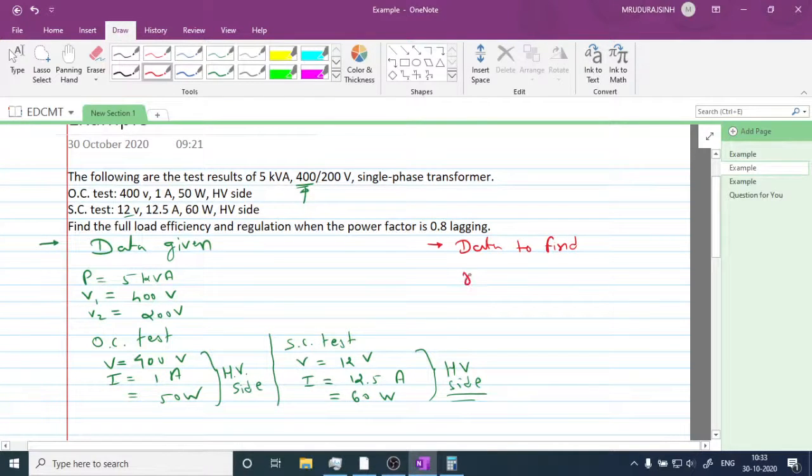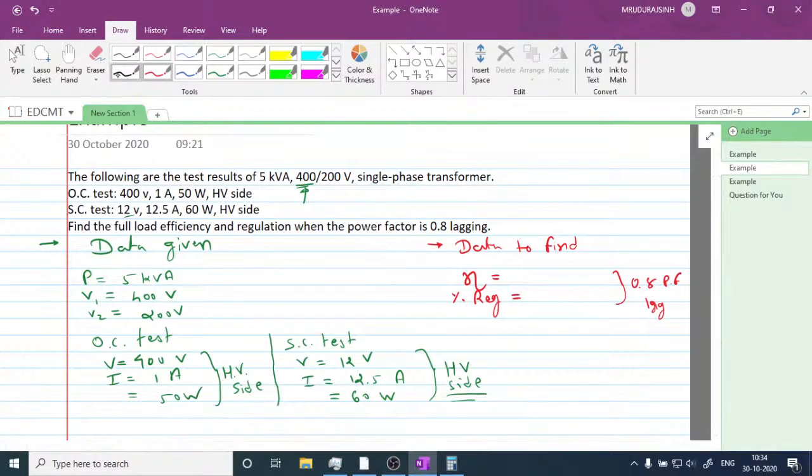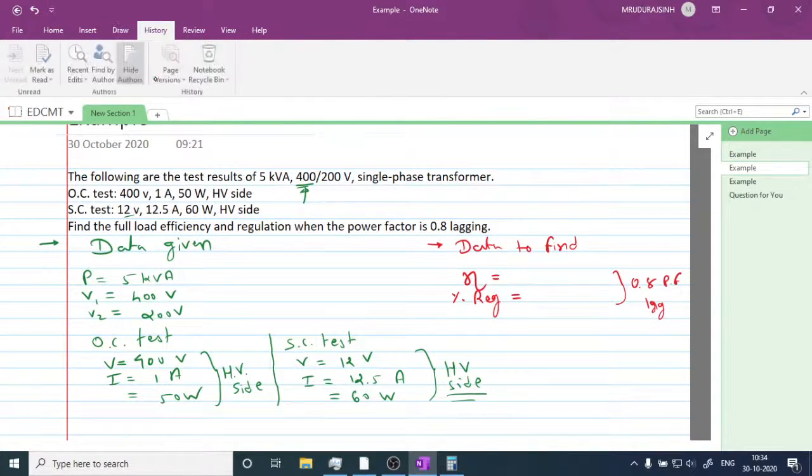We need to find full load efficiency and percentage regulation, and these things at 0.8 power factor lagging. So at 0.8 power factor lagging, we need to calculate these things, right? So now let's go for the solution.